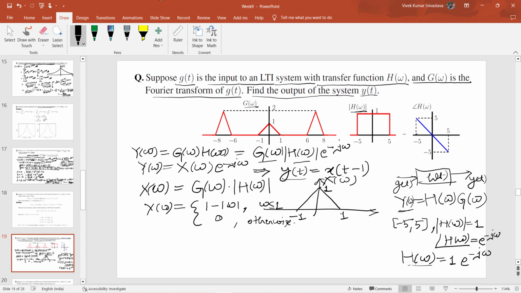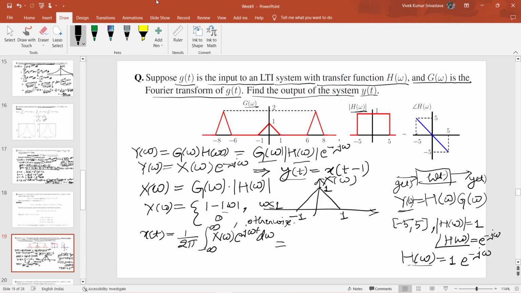Now, to determine xt, which is the time domain form of this x of omega, we will use the inverse Fourier transform, which is defined as 1 over 2 pi integral from minus infinity to infinity of x of omega e raised to the power j omega t d omega. Now we can substitute the value of x of omega by this expression and solve it further.